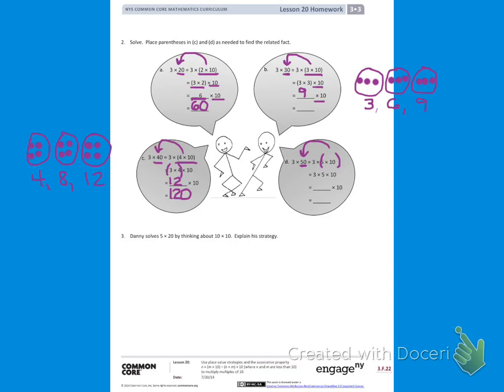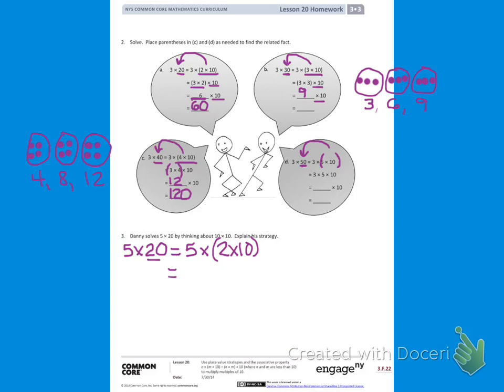I'll go ahead and use an equation like those that are shown above. 5 times 20 is the same thing as 5 times, it's easier to multiply by 10 than 20, so I'll make a tens fact. 2 times 10. 2 times 10 is the same thing as this 20.